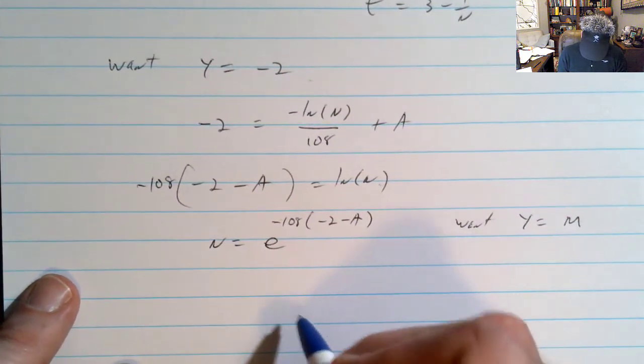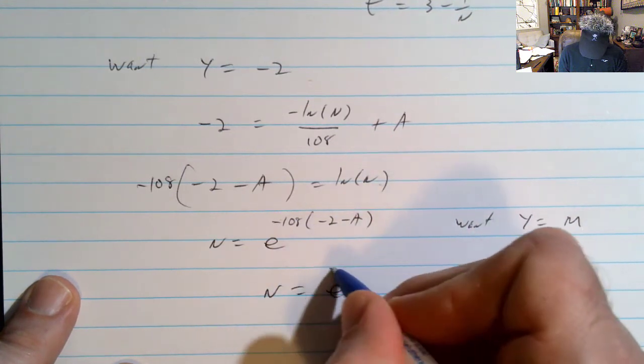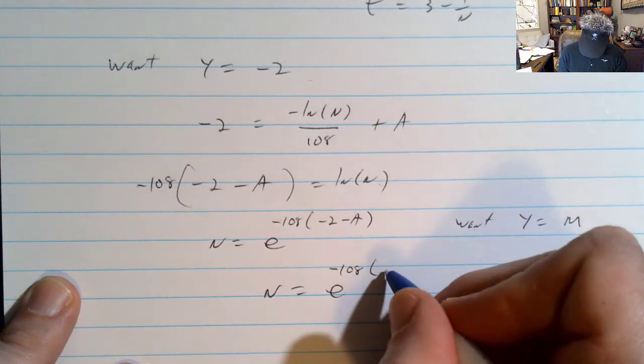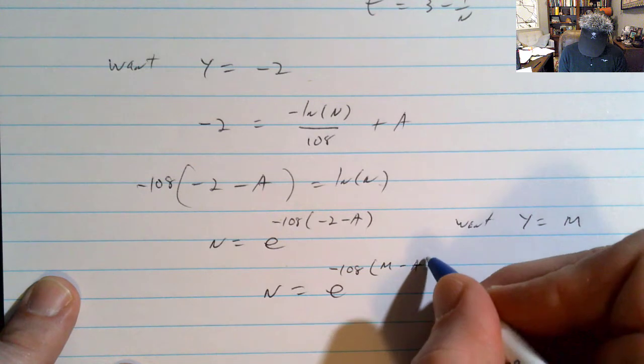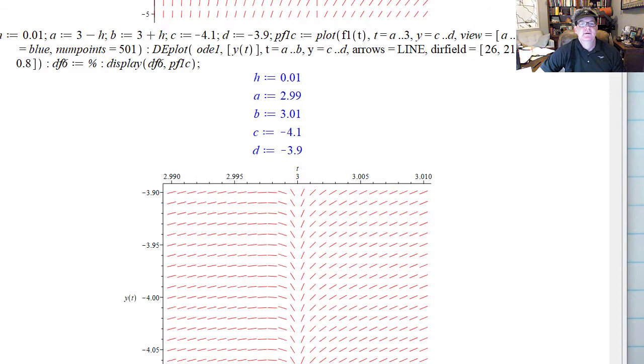Then n is going to have to be e to the negative 108 times m minus a. Let's make sure that's the way I have it here.